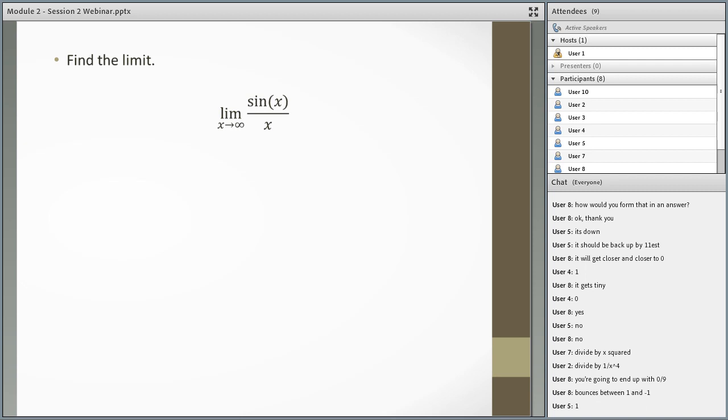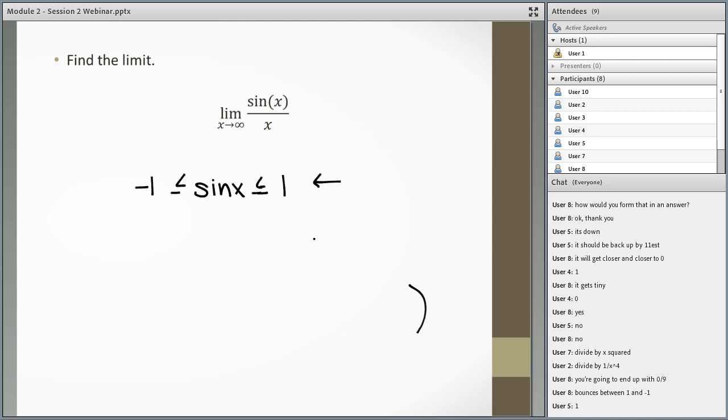Very good. Sine x goes between 1 and negative 1. So I know that sine x is between 1 and negative 1. So as x goes to infinity, we don't have one answer, which means it doesn't exist. But what can I do with this?